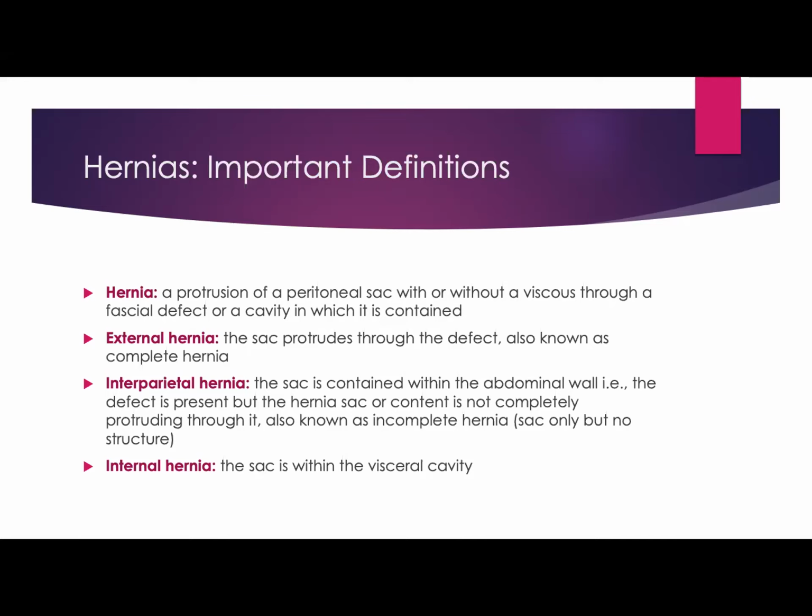So there would be migration of the organs from one compartment or one space into the other, and that's either going to be a congenital defect or a surgical manipulation.